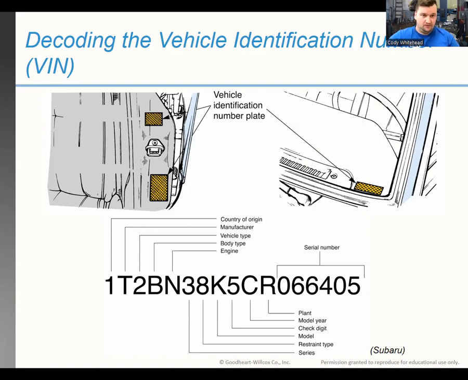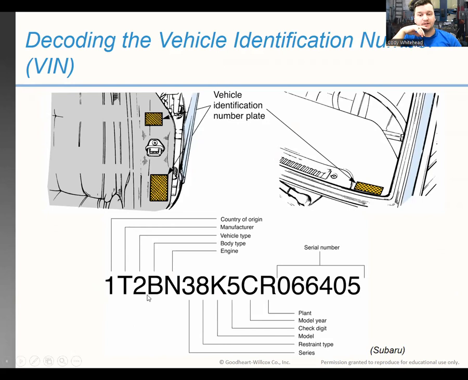But up here, you can see VIN numbers have a lot of useful information. No two VIN numbers are the same in the world, okay? That's because it's a serial number. These last little digits here are your serial numbers. Those are vehicle specific. For that one vehicle, that number is what is attached to that vehicle. The rest of it, your first number here is your country of origin. So that tells you where the vehicle is built. Second one is your manufacturer, who built it.